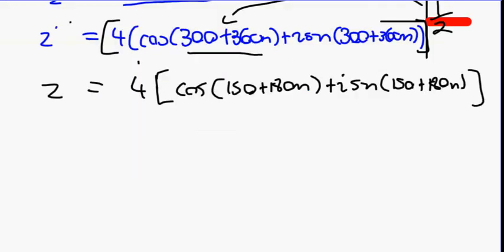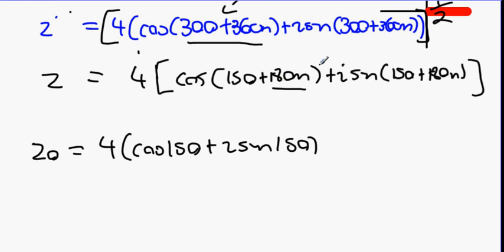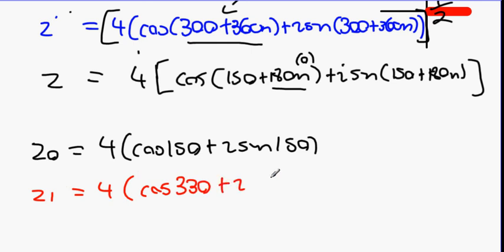Now we have to find the roots, so we're going to start off with z0. Z0 is going to be 4 cos 150 plus i sine 150, because 180 times 0 is 0. The next one, z1, is going to be 4 times cos 330 plus i sine 330.